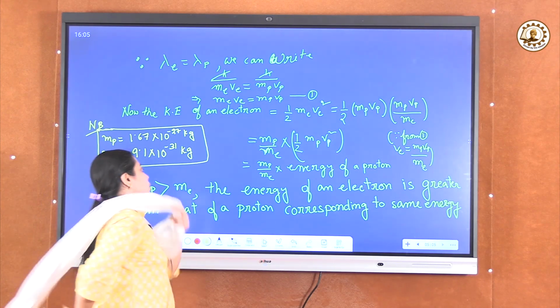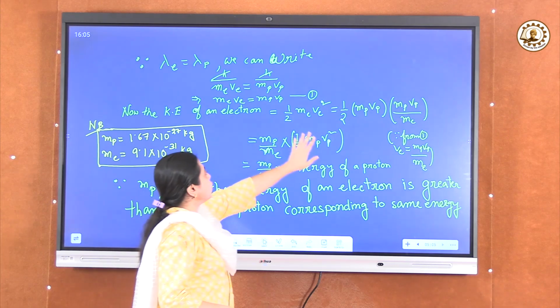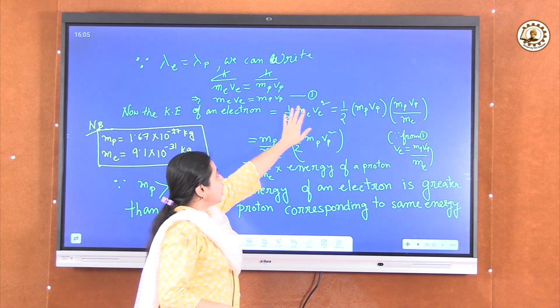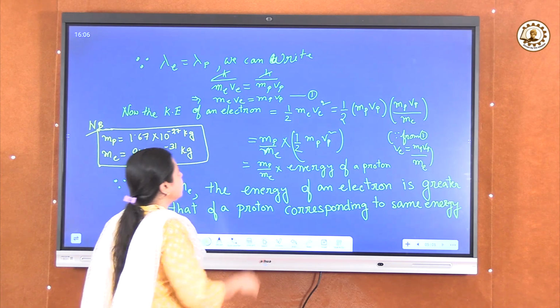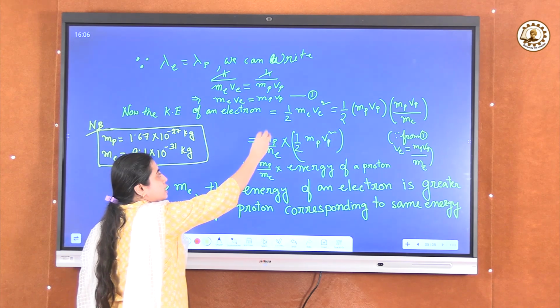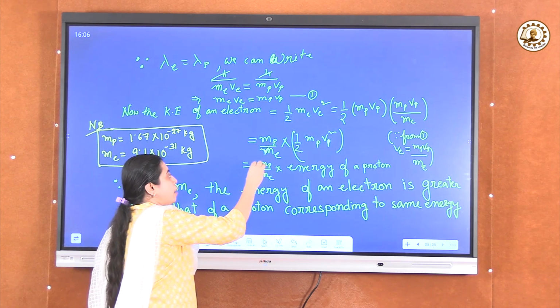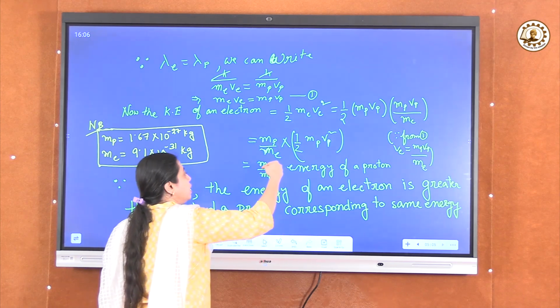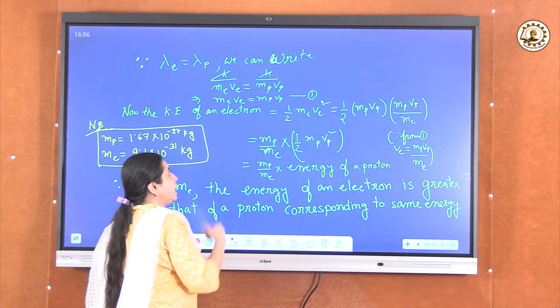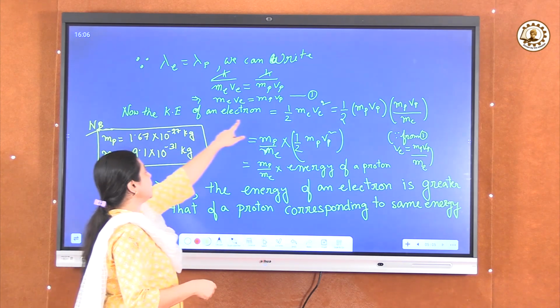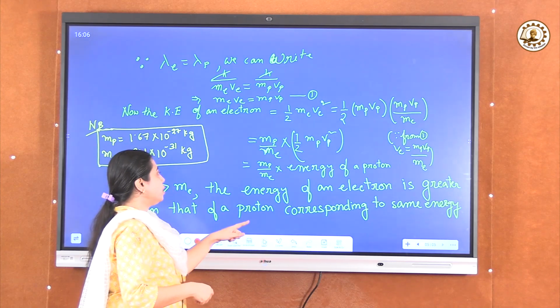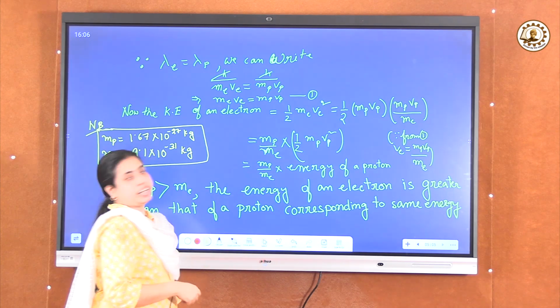Because the mass of the proton is higher and the mass of the electron is smaller, this whole factor will have a higher value. As a result, the kinetic energy of the electron will be much greater.